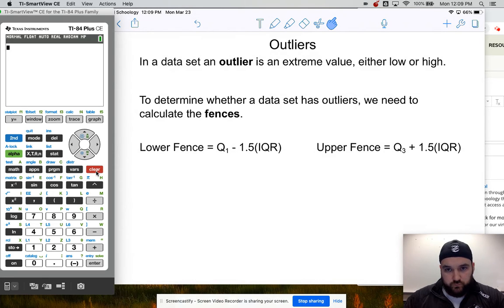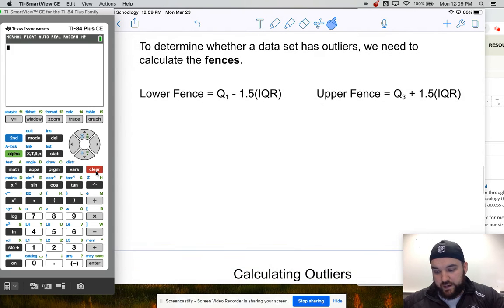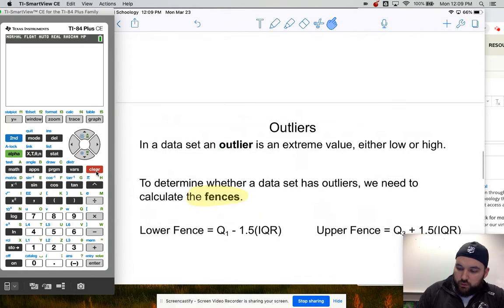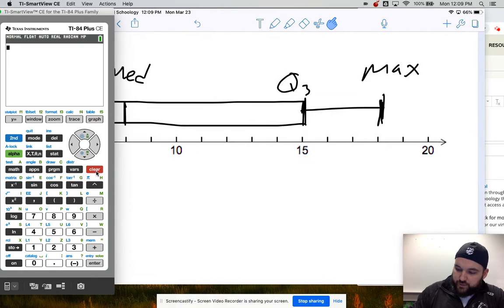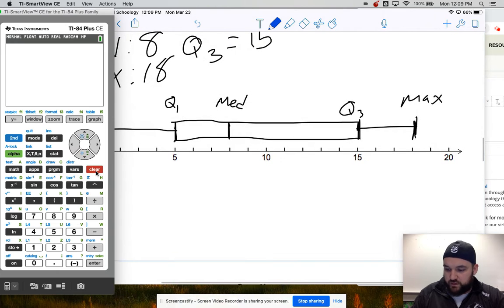Okay. So to figure out whether or not a data point is an outlier, we're going to calculate what are called the fences. Okay. And this is just generic, so you don't have to go back and mark this. There's going to be some amount after Q3 that we're going to draw.